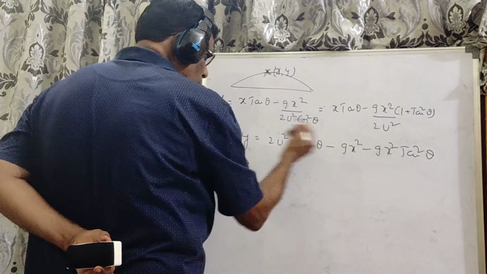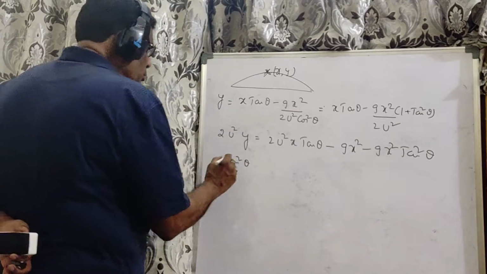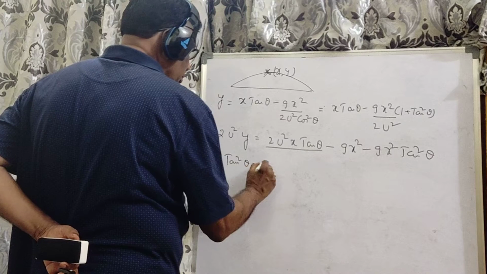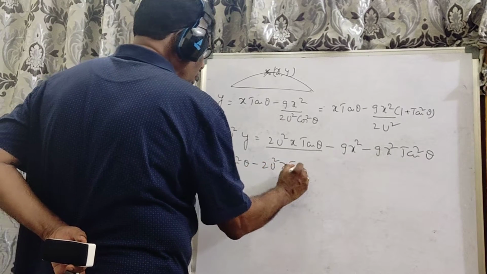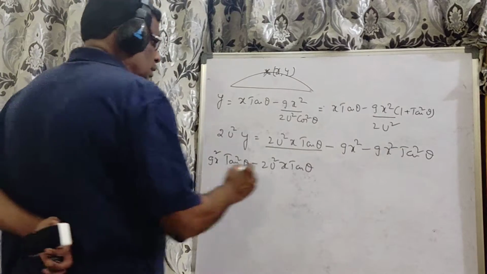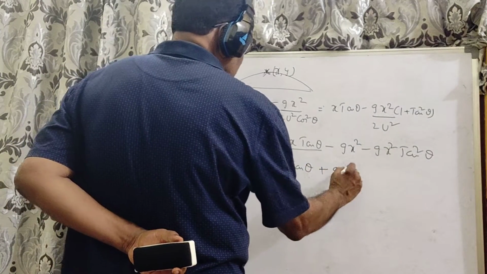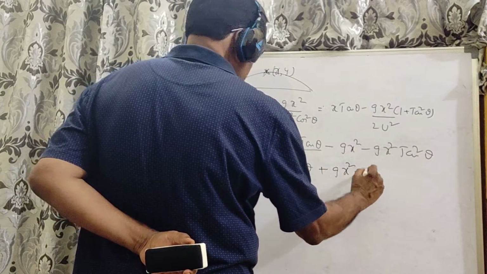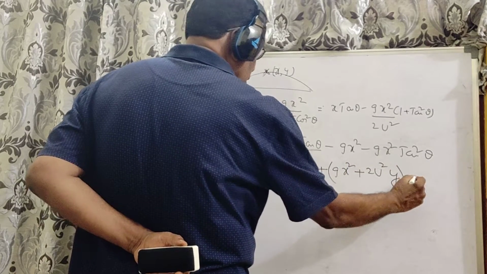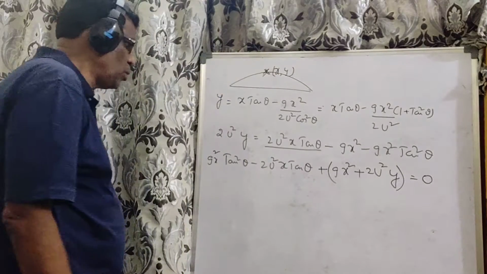I brought it onto this side. gx square tan square theta minus 2u square x tan theta plus gx square plus 2u square y is equal to 0.